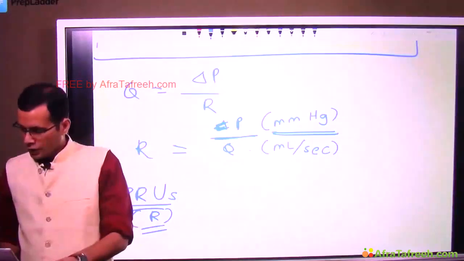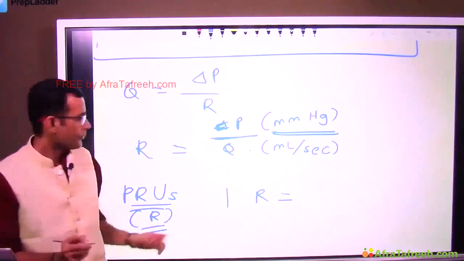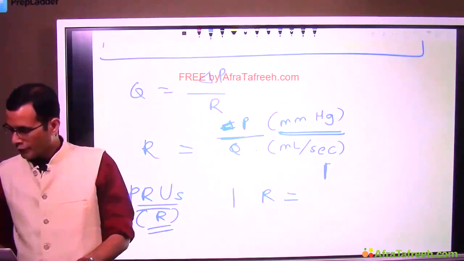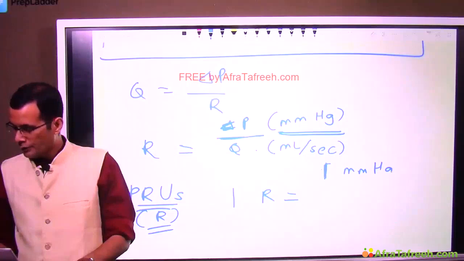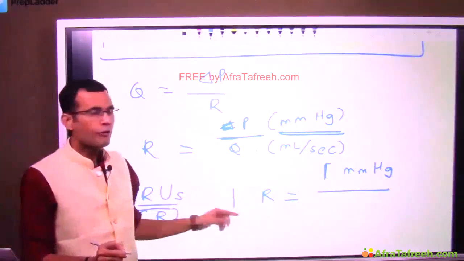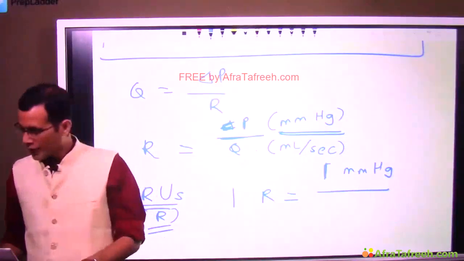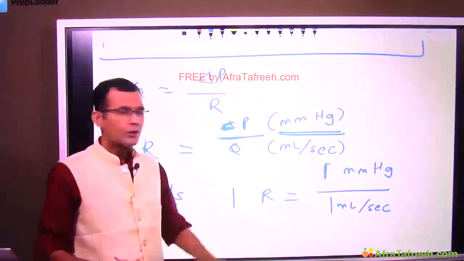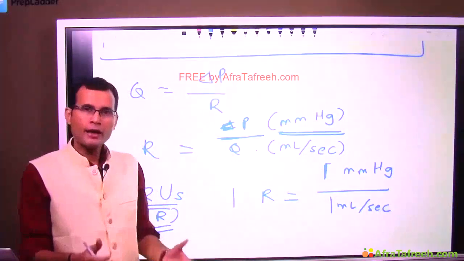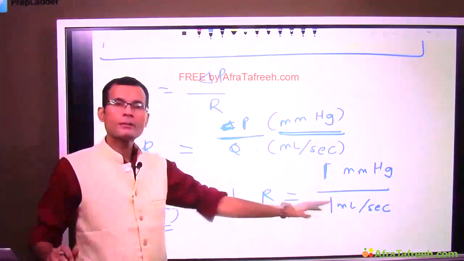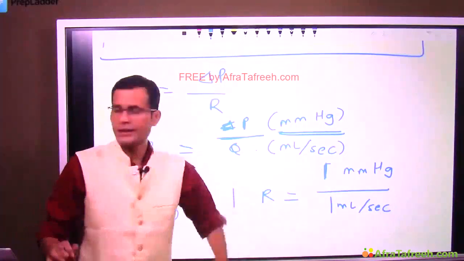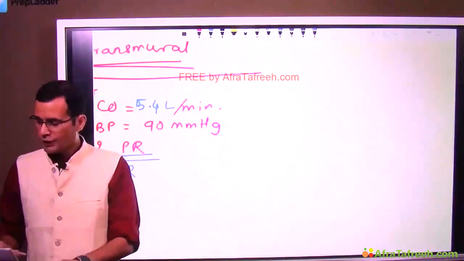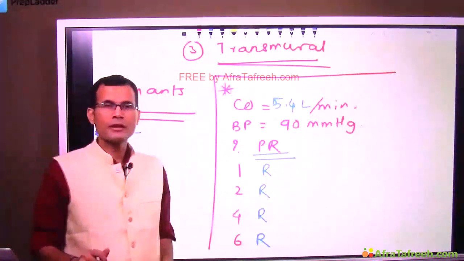And 1 R is equal to 1 mm of Hg when blood flow at the root of the aorta is 1 ml per second. Okay, so blood flow and cardiac output should be expressed in terms of ml per second. Whereas when I mentioned the question, it was given as liters per minute.